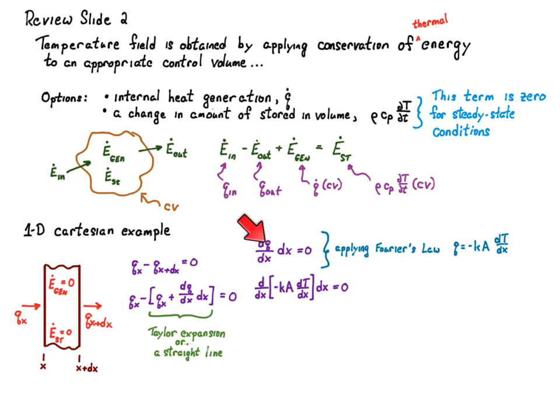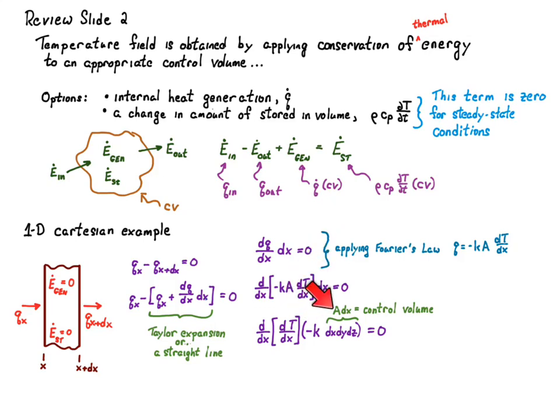So we've substituted this equation here for q, giving us this. Now, k is a constant, the area is a constant, and as I said, this dx term is also a constant. So taking our constants and pulling them outside the differential, we are left with this.